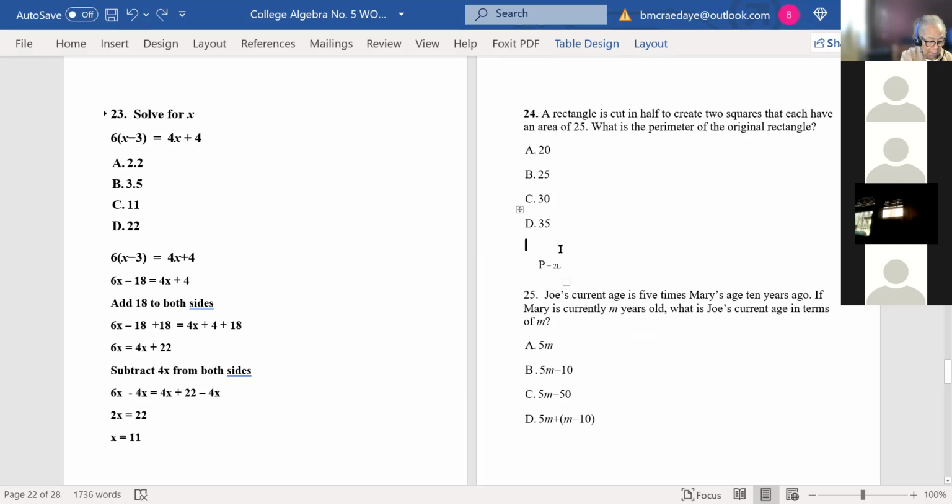Okay. Perimeter P equals, and we said that in an earlier problem. That's equal to what? Latoya, you said it before. Two lengths plus two widths. 2L plus 2W. Okay, let me make this bigger.